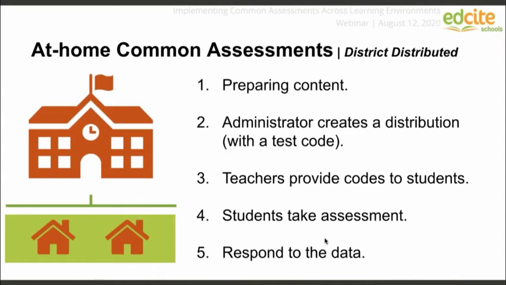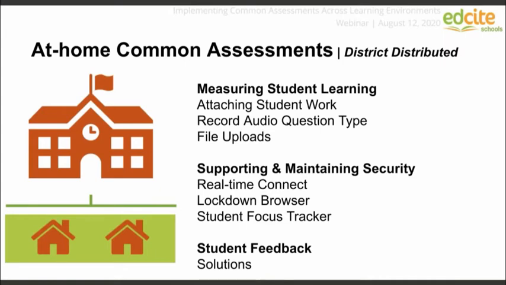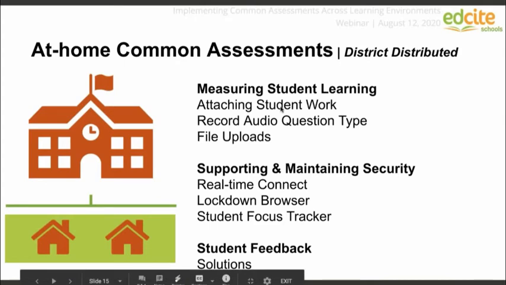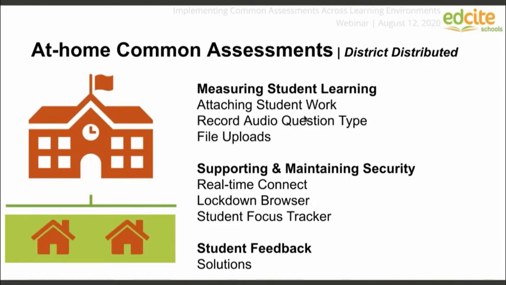So when we have students at home, there are really three buckets of adjustments and additional tools that we're going to want to consider. So the first bucket is going to be around measuring student learning and making sure that even when our students are at home, we're not missing any of the student mastery.